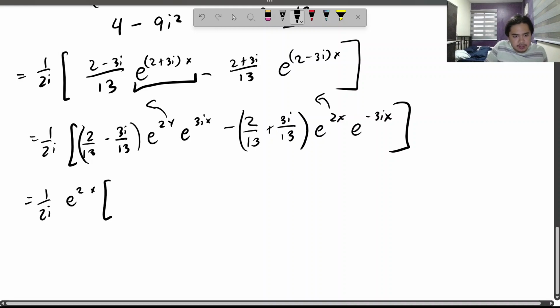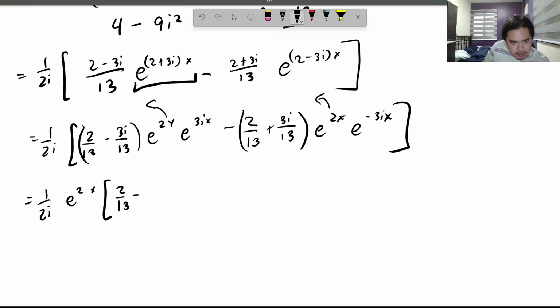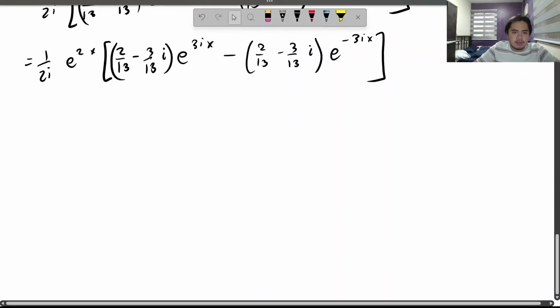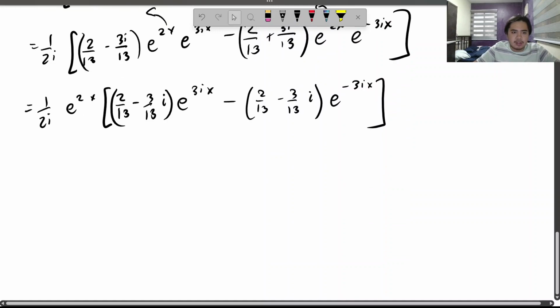Let's rewrite everything. So 2 over 13 minus 3 over 13 i, e to the 3ix, minus 2 over 13 minus 3 over 13 i, e to the negative 3ix. Alright, here's the spice part. So let's distribute e to the 3ix, and then let's put everything with 2 over 13 on one side and everything with 3 over 13i on the other side.